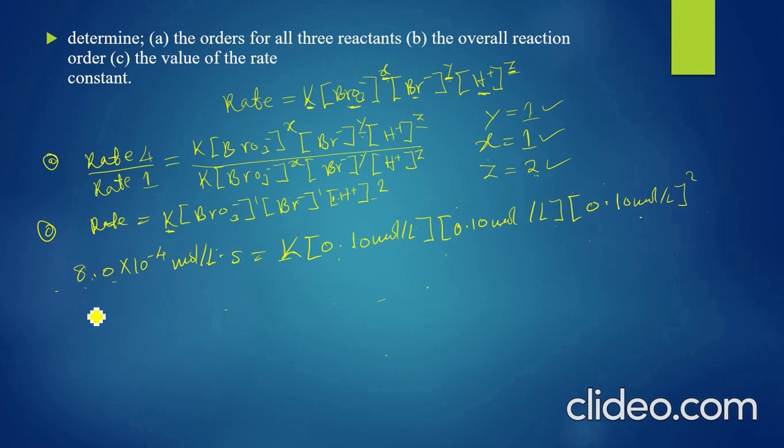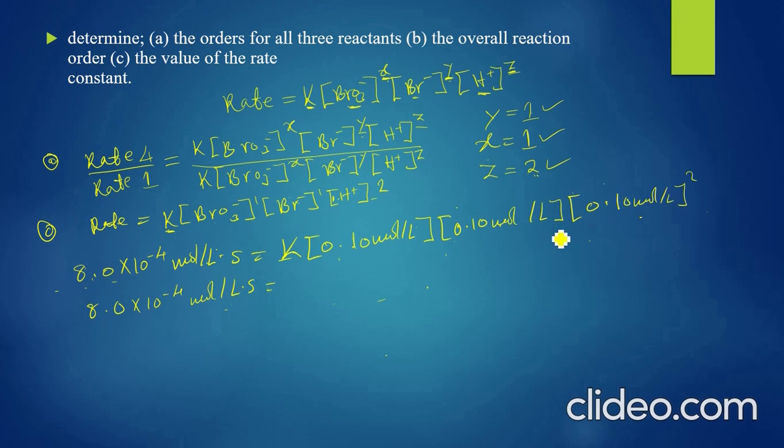Then here you can say 8.0 times 10⁻⁴ mole per liter per second is equal to, here you can multiply all these. We must multiply this concentration by that concentration, and this concentration here is having power 2, so don't forget the power 2.